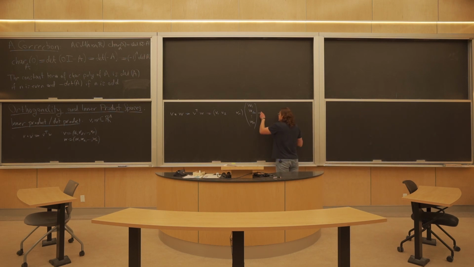So this just gives me this. And using summation notation, you can write it as the sum of all terms v_i w_i, where the index i runs from 1 to n.